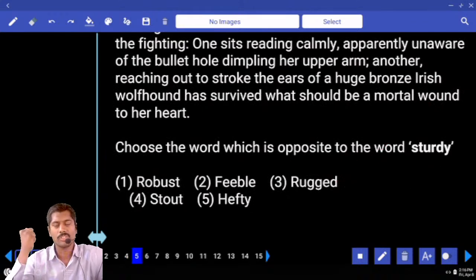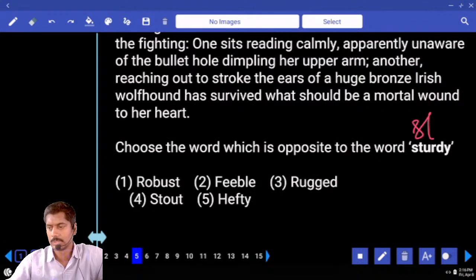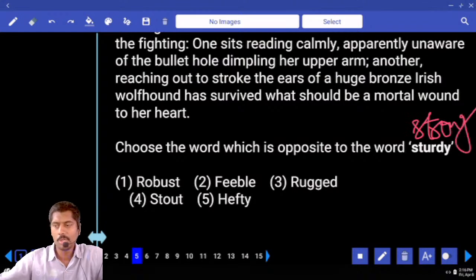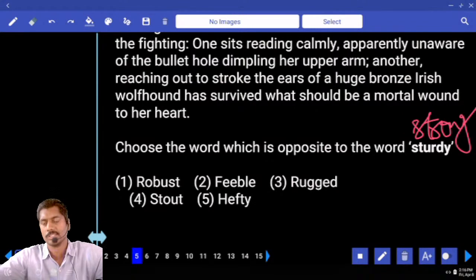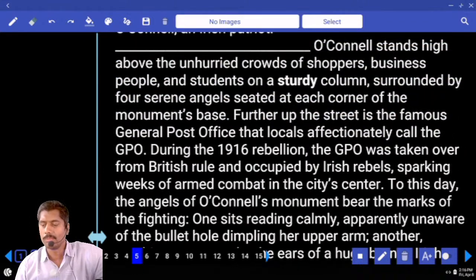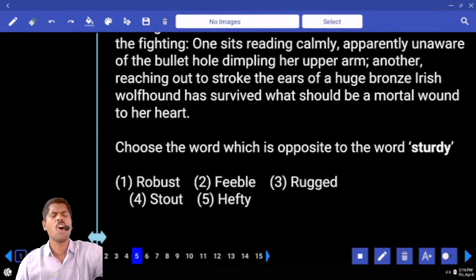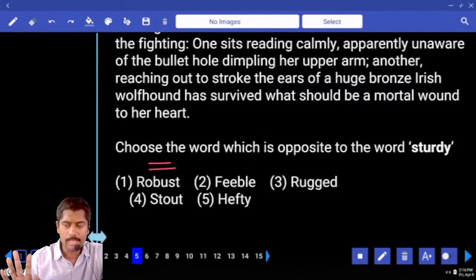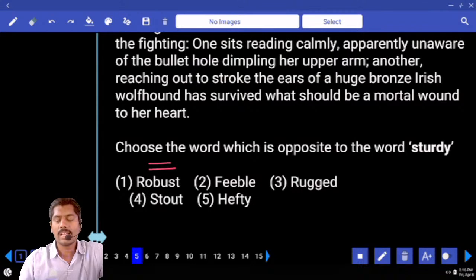Sturdy. Sturdy means strong. Strong, durable is called sturdy. Context: sturdy column. Something not delicate, something rough, strong. Robust, same meaning. Rugged. Rugged's opposite is smooth.